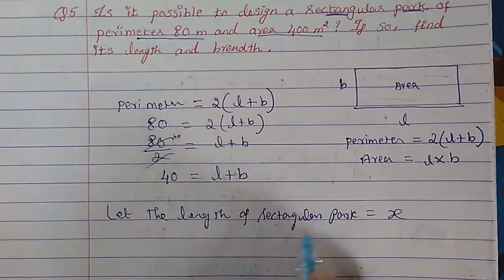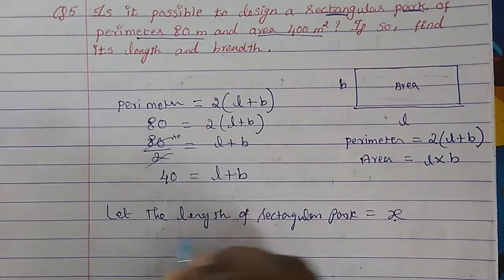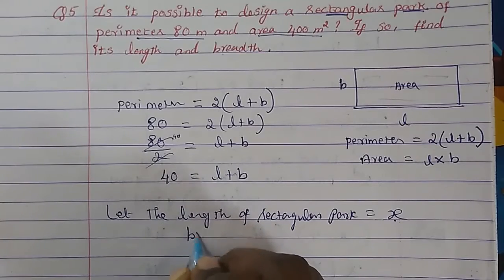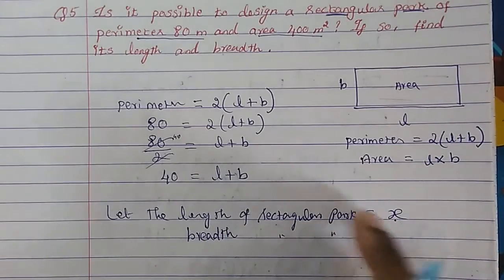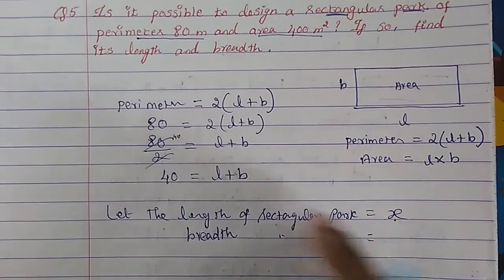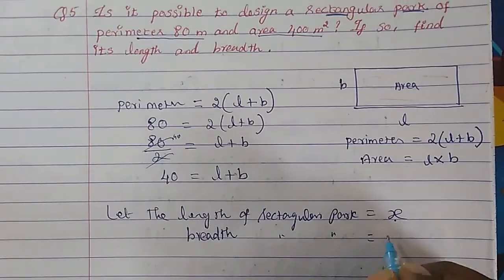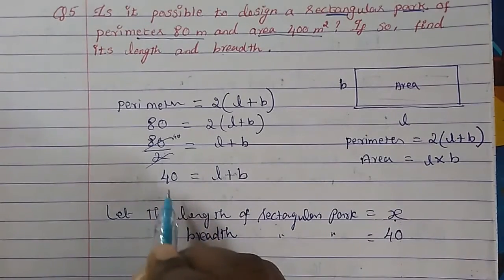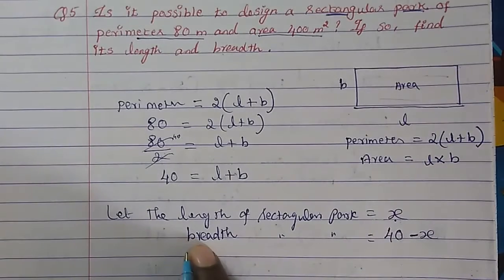So if I take length as x, then breadth will be how much? From 40, this is total, right? From there, if we minus the length, we will get the breadth.